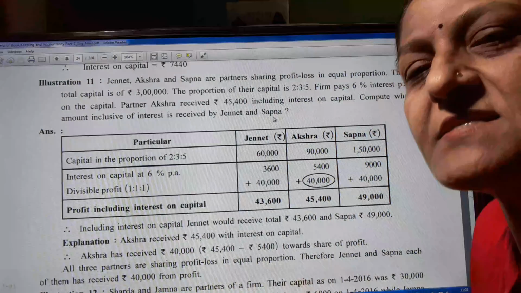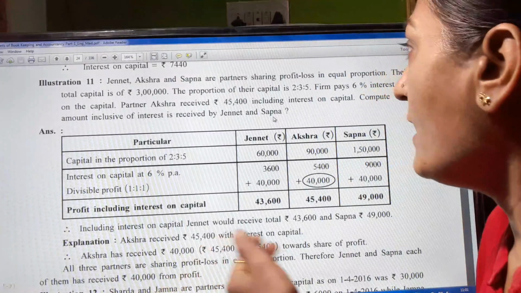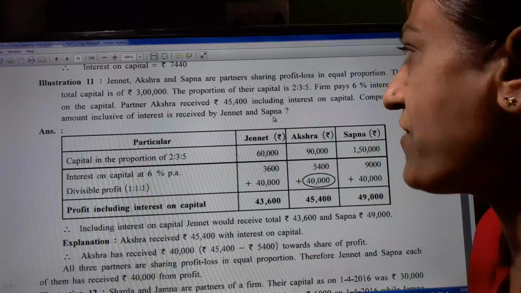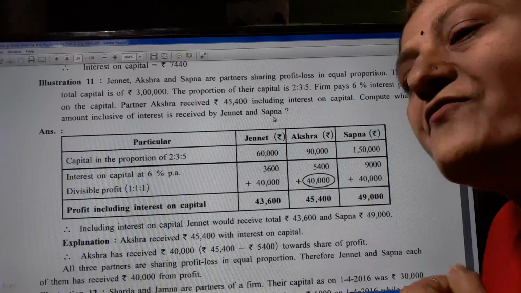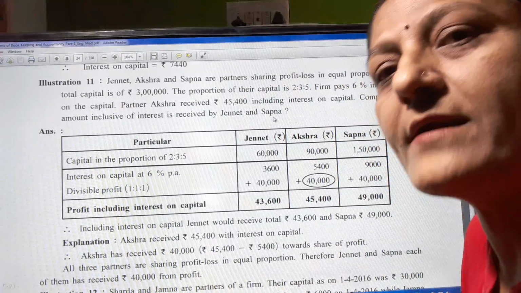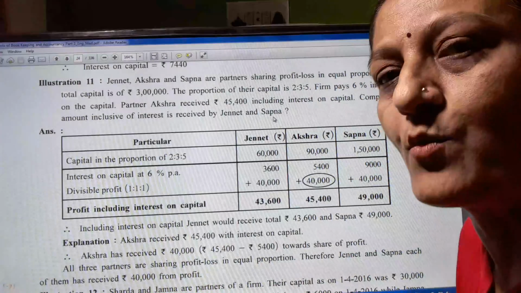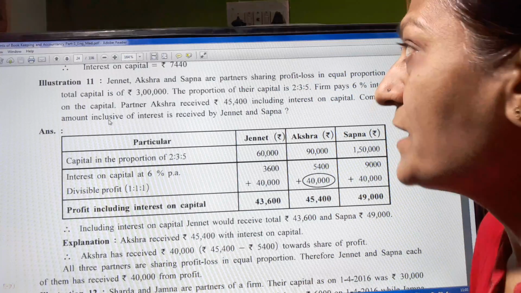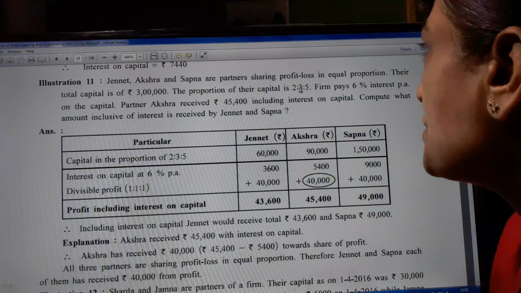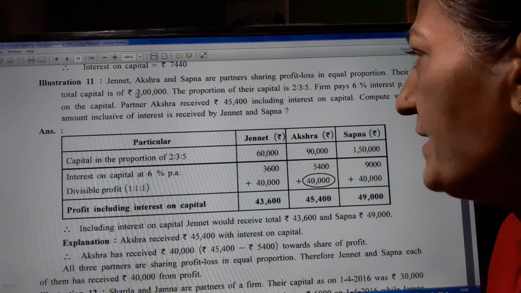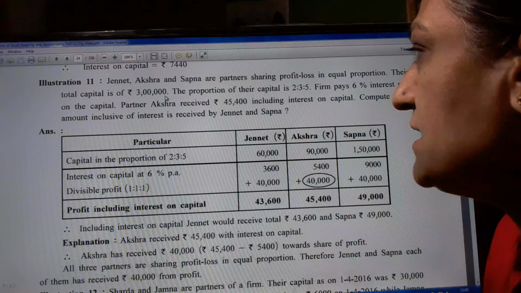Here one partner's amount is given. Already Akshara's amount of 45,400 is given, and from this we have to find out the remaining two partners' amounts. So let us start. Here the ratio is given 2:3:5, and the total capital is 3 lakh.